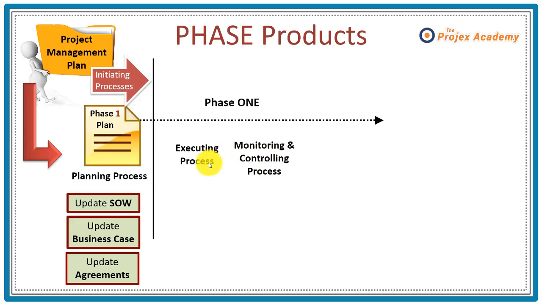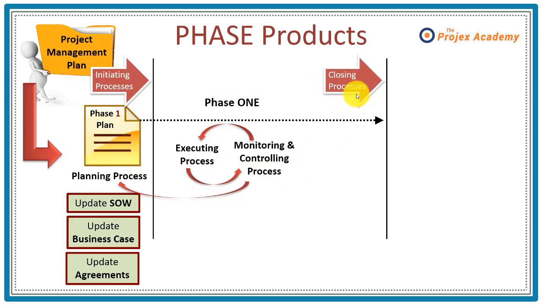And we know that the executing process is carried out first, and then you monitor and control progress. As a result of doing that, you'll normally need to go back and carry out the executing process again. And sometimes, as a result of monitoring and controlling, you'll recognise the need to go back and modify the plan in some way. And so this continues for the rest of that particular phase.